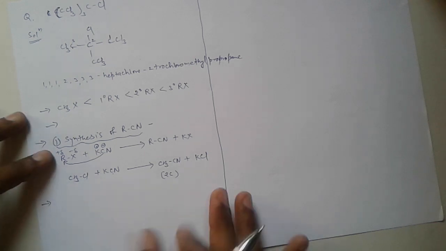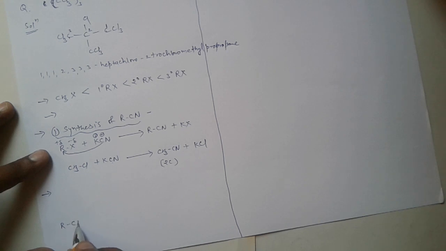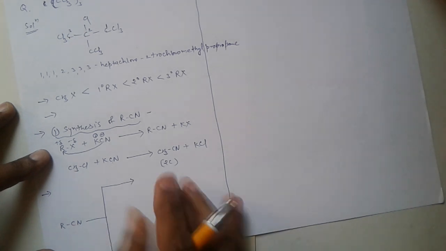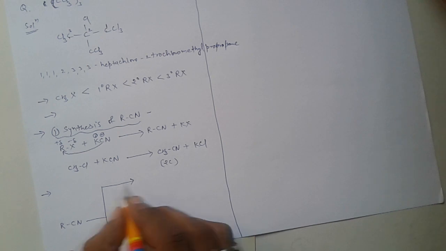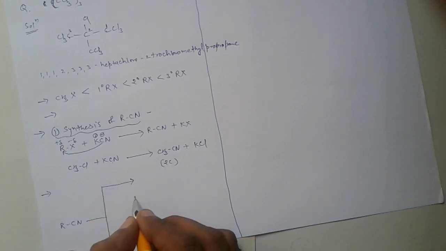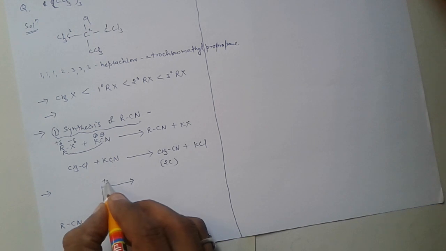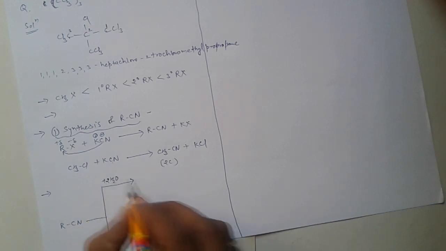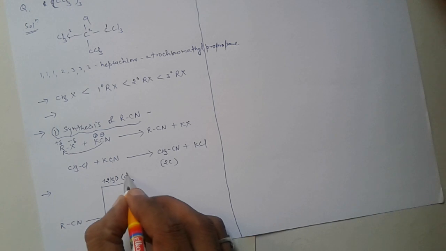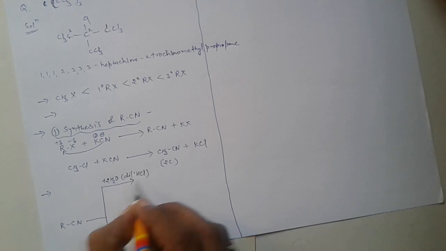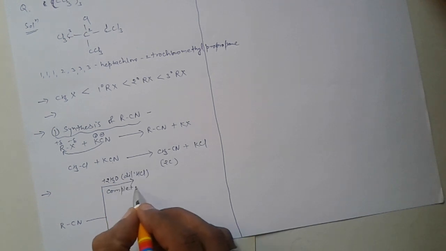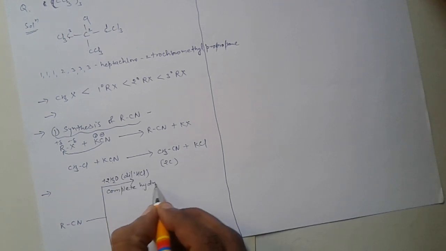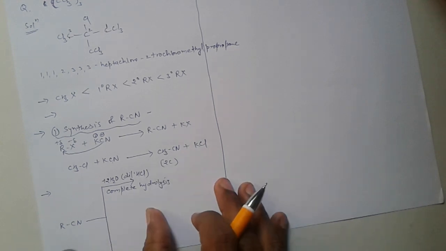For example, it is an alkyl cyanide molecule. After complete hydrolysis of alkyl cyanide in the presence of two water molecules and dilute HCl, it is a complete hydrolysis process.